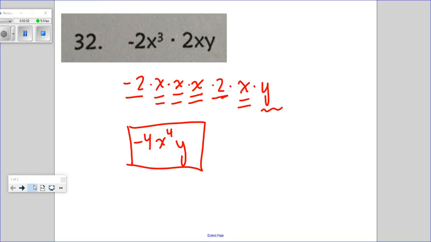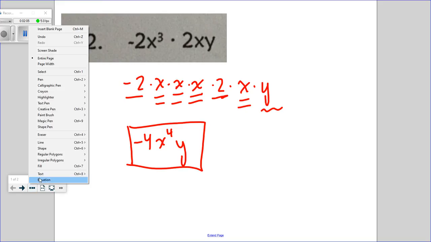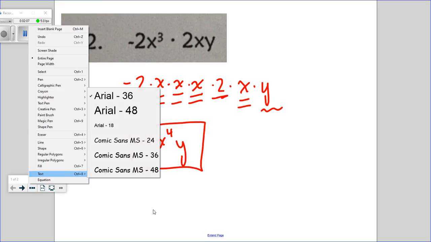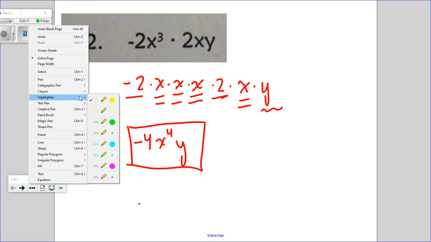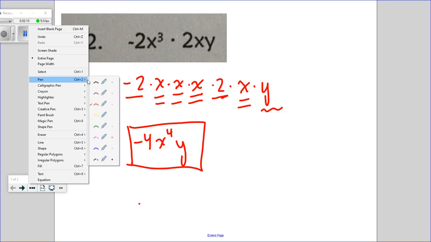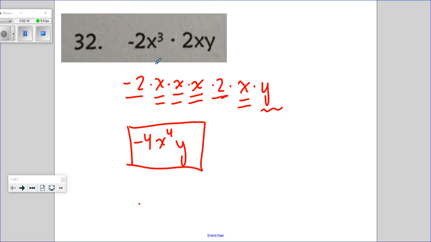That's the expanded way of doing it. Now, something in exponent rules or exponent properties that you will learn if you haven't yet: if you look at this, negative 2 times positive 2, that's easy, that's negative 4. And x to the third times x, well, that's x to the third times an invisible 1 there, so x to the first.